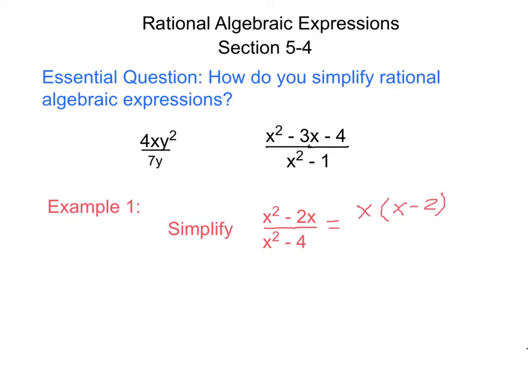Then if I look at the denominator, I've got the difference of squares, so that's x plus 2 times x minus 2. And notice I have an x minus 2 in the top and the bottom, so I can cancel those out.